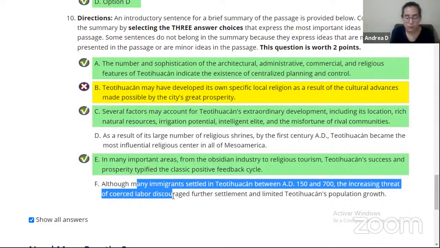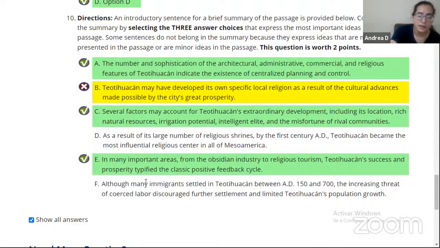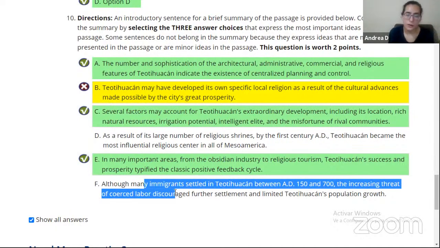They remember something about immigrants, coerced labor. So yes, that's something that's mentioned in the paragraph. So even if it's something that's mentioned, you want to ask yourself, is that a main idea though? Is it broad enough to be a main idea? I don't think so, right? Because the passage wasn't about immigration in Teotihuacan or coerced labor in Teotihuacan.